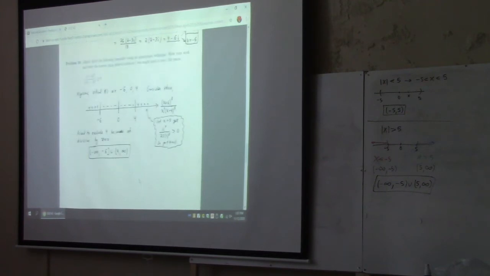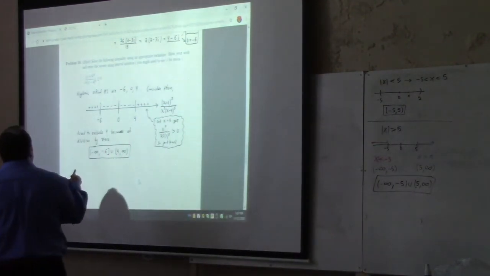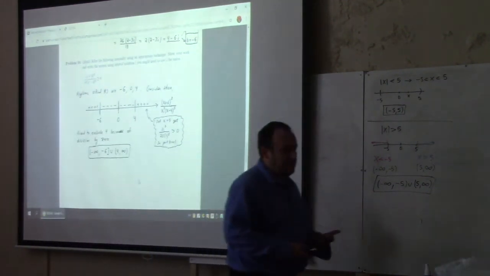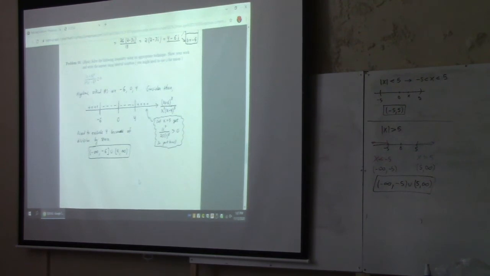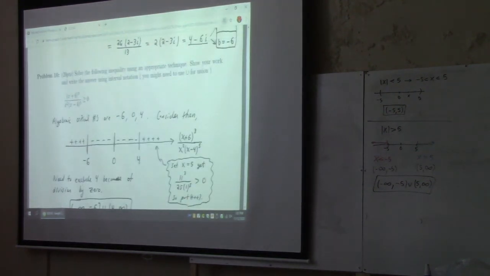So I think some of you weren't ready for problem 10 when test 1 happened. I hope since then you've picked up on how we solve these, because I think it's come up again after test 1, right? The way to solve a rational inequality is to look for all the numbers which either make it 0 or undefined. So the way to do that is to factor the numerator and denominator.